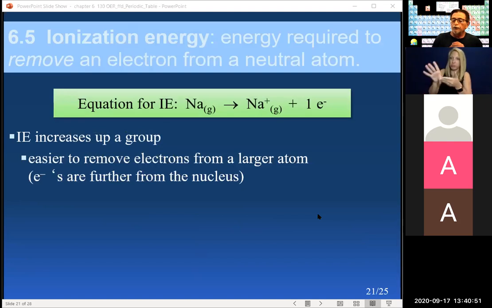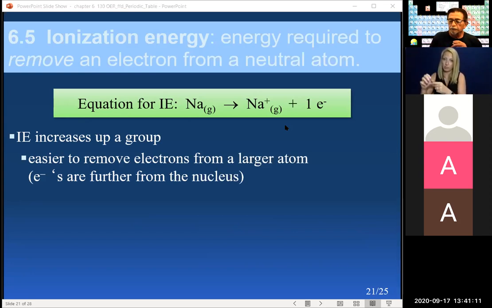And we measure the amount of energy it takes to pull it off. What you see up here is a general reaction where you have sodium undergoing the process to give you the sodium ion plus the electron. That is the ionization energy.